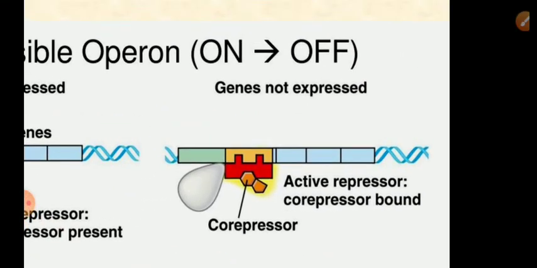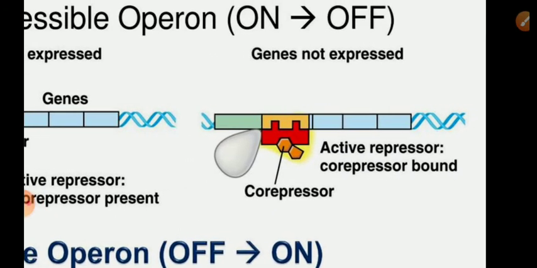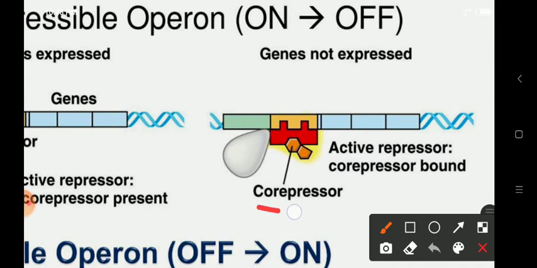Now the second case, when co-repressor is present. Again the regulator gene produces inactive repressor protein, but co-repressor binds to the inactive protein and makes it active, and hence RNA polymerase cannot move ahead.